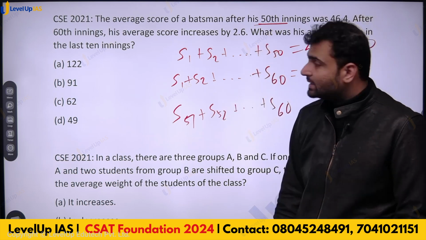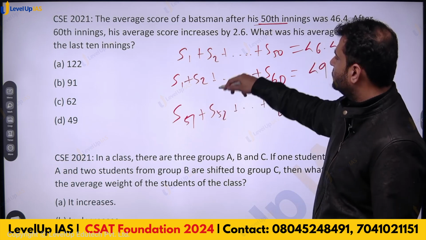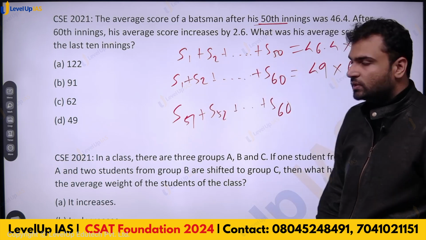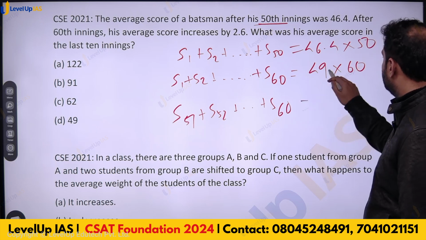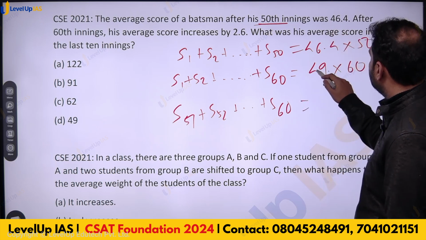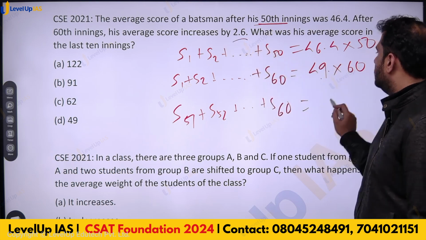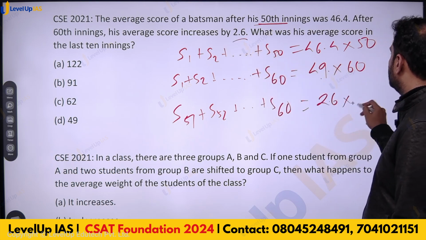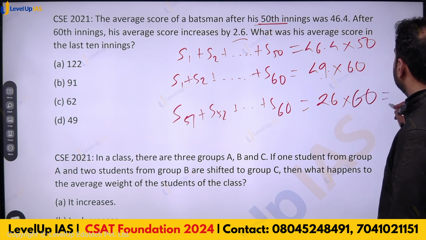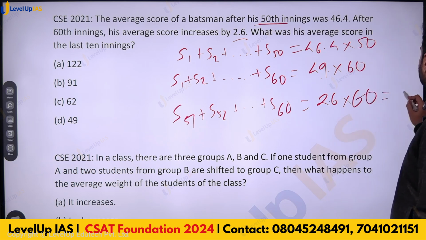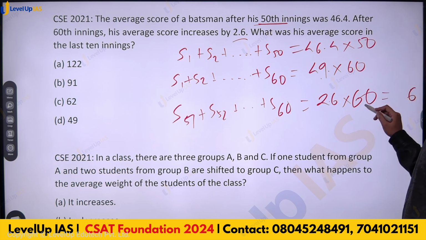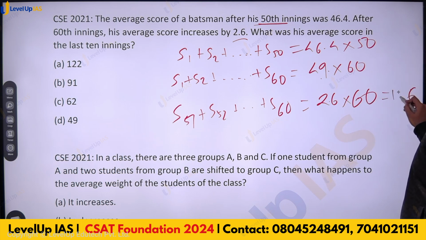The rest of the things will get cancelled, like S1 minus S1, S2 minus S2, up to S50 minus S50. That happens, and then it is equal to this quantity minus this quantity, which is nothing but 49 into 60 minus 46.4 into 50, which is 156, right? 1560 rather, right?